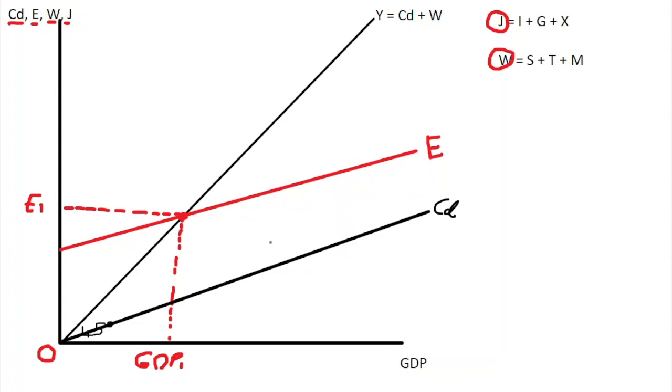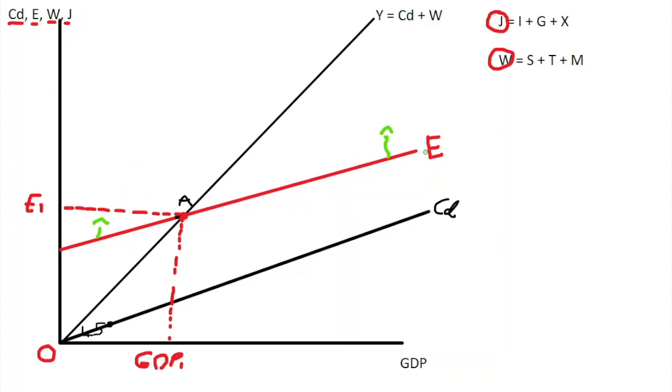Okay, so we have our initial setup of our Keynesian cross diagram here, and we have our equilibrium point as indicated at point A. What we're going to show now is the impact of an increase in expenditure in the economy. So an increase in expenditure tends to do this on this graph. It tends to increase or shift upwards the expenditure line.